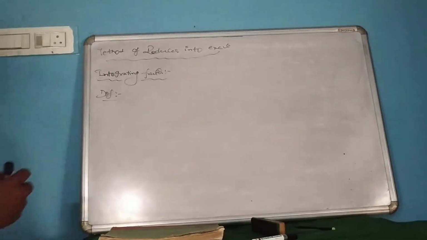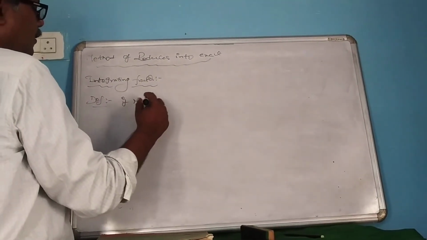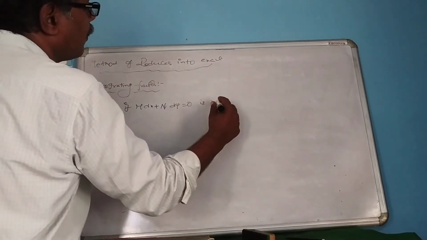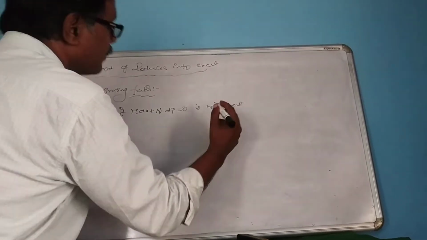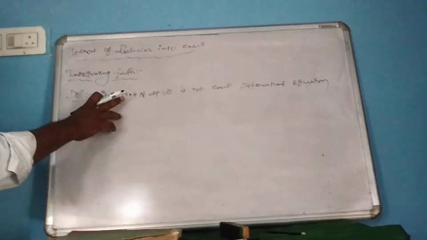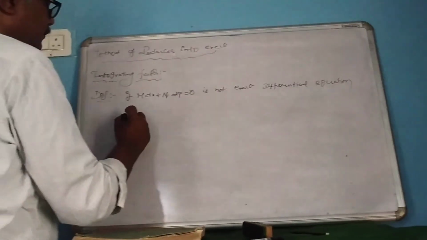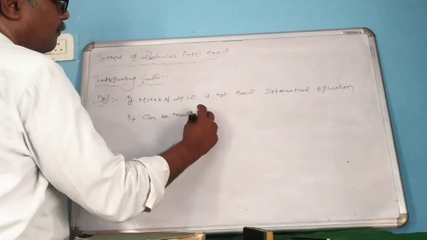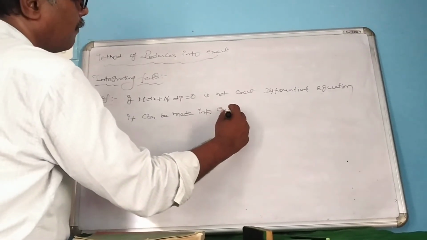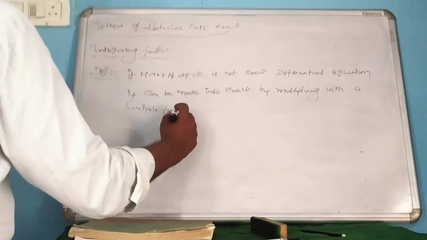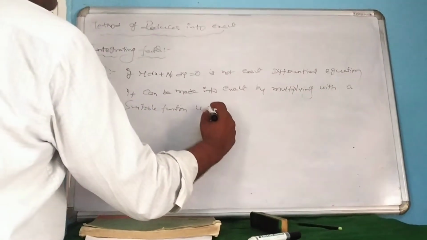If M dx plus N dy is equal to 0 is not an exact differential equation, it can be made into exact by a suitable function u of x, y.